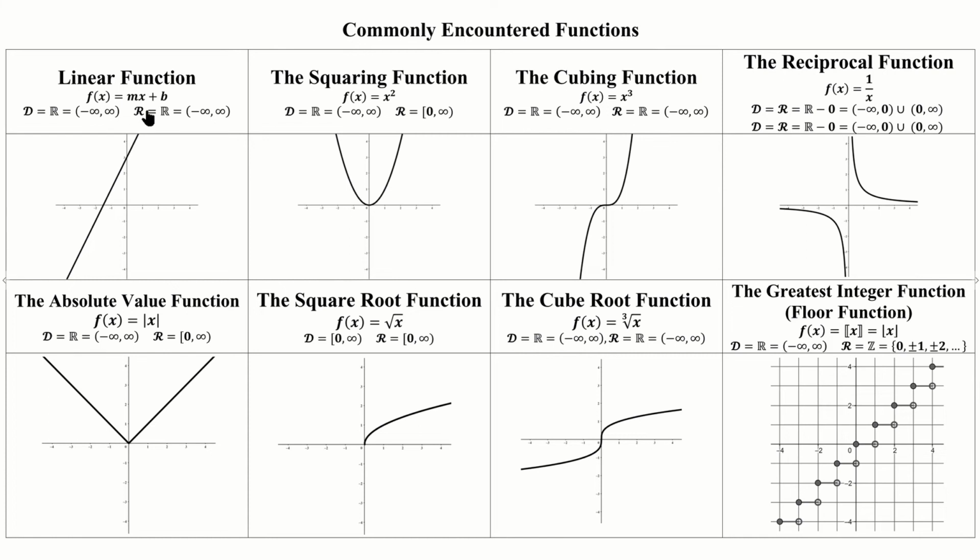But generally, a linear function has the form f of x equals mx plus b. Then we have the squaring function, the cubing function. We have the reciprocal function, the absolute value function, the square root function, the cube root function, and the greatest integer function, which is also known as the floor function.